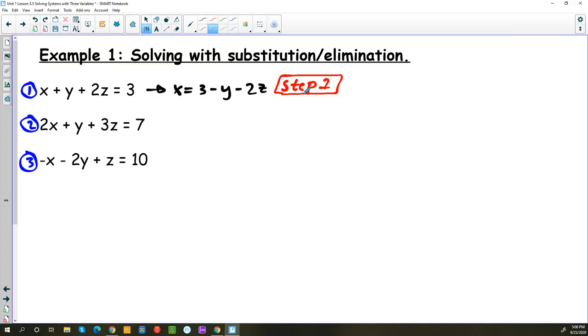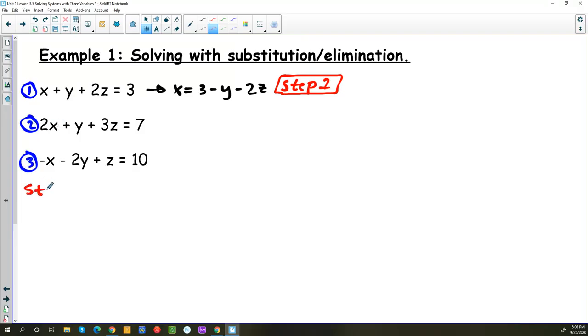Then what I would do next is plug this alternate version of number 1 into either number 2 or number 3.